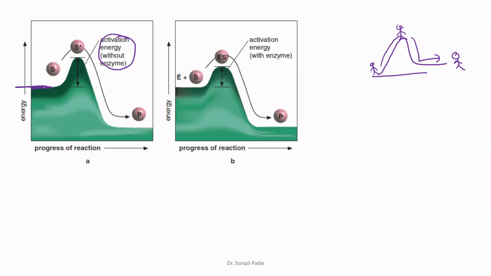So this requires this much energy in order to get converted into the product. But when you add the enzyme to this, this energy is lowered. The amount of activation energy has been lowered down. So the reaction becomes faster and quicker, right? That is why our product will be formed very easily.